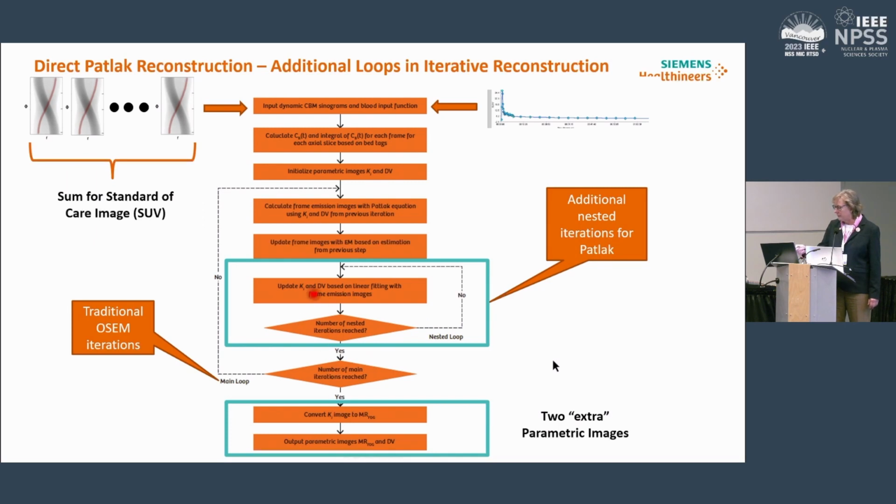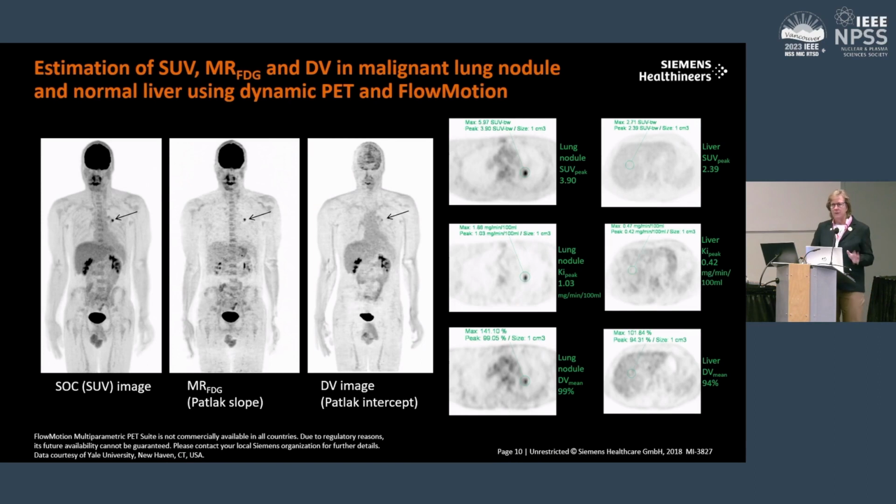And at the end, we have 2 parametric images here: the metabolic rate of FDG, so you have to multiply the slope by the blood glucose, and then the distribution volume image. And the beauty of this feature is that we didn't take anything away from the physician. We simply added. So the image on the left is their standard SUV image. The middle image is the metabolic rate of FDG, which is FDG going into that first step of metabolism.